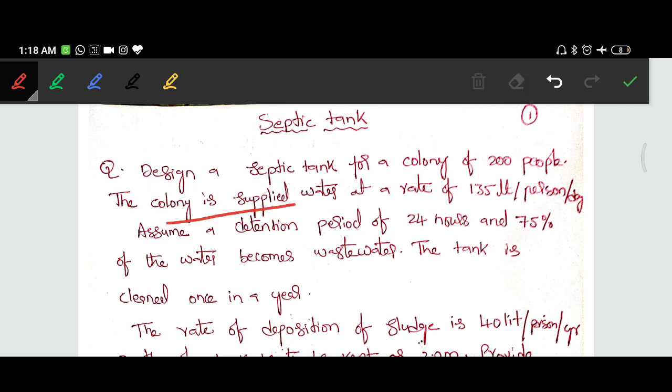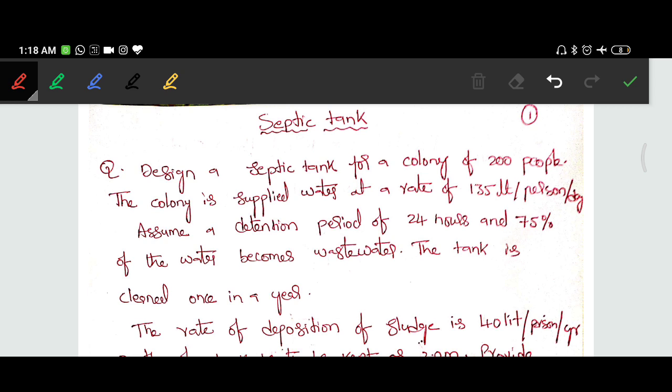The colony is supplied water at the rate of 135 liters per person per day. So this is the water supplied to this particular colony, that is 135 liters per head per day.